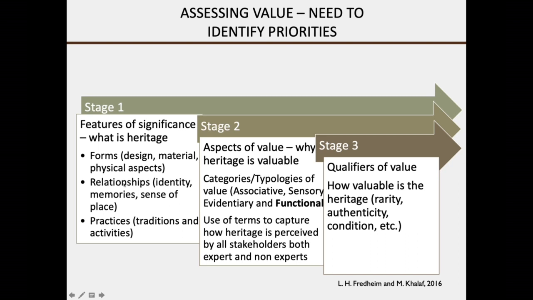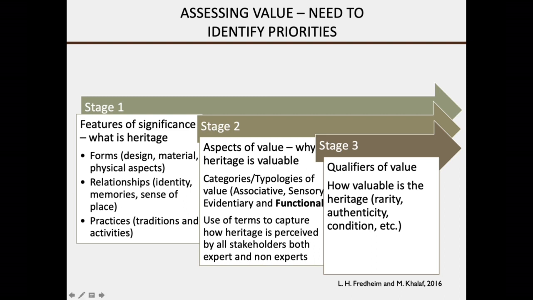She divides heritage into 3 different concepts or forms. Tangible, which covers design, material, and physical aspects of heritage. Relationships, which is about meaning and interpretation, and the relationships between humans and the heritage.